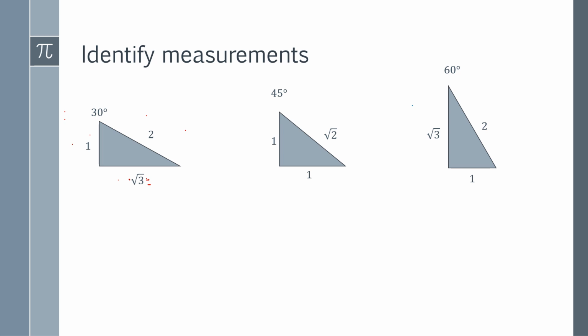Alright, it is assumed that you understood the instruction. If you have not, I'm going to repeat it again. I want you to work these out. For each triangle you see, I need all 6 trig ratios for each triangle. So if you have not done so, pause the video and try it.